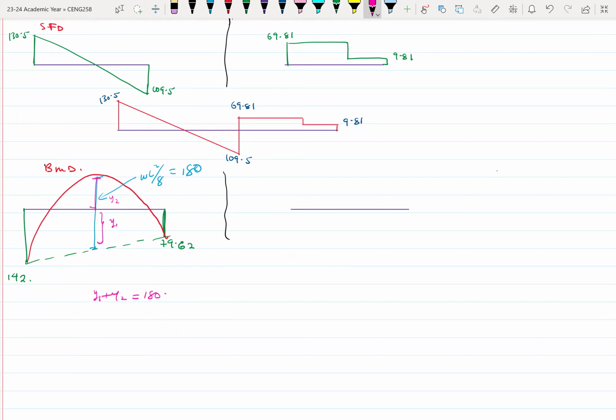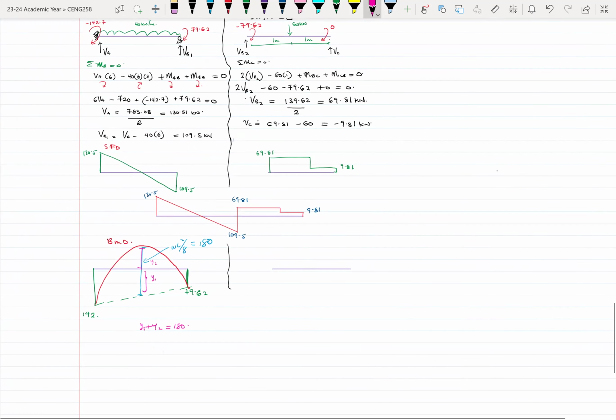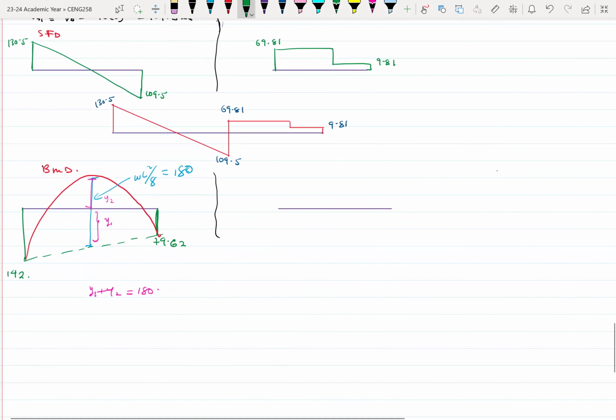And how do you find y1? Y1 is easy to find. You can use the 142.7 and then the 79.62 to determine what the value would be at this end. If you can determine the value of this end, which would be your y1 value, you can easily find y2. The easiest way is to use similar triangles.